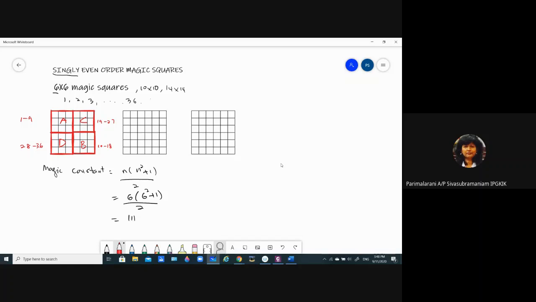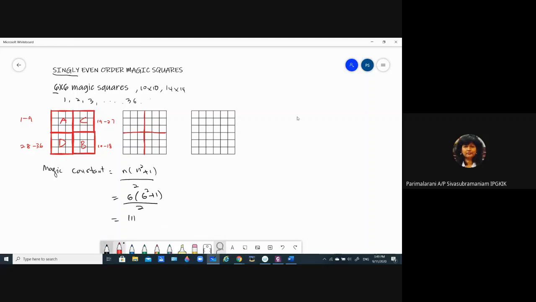You see each is a 3 by 3, which means these 4 small squares are odd magic squares. In odd magic squares, we can fill using the Siamese method, correct? So we can fill in very fast using the Siamese method.